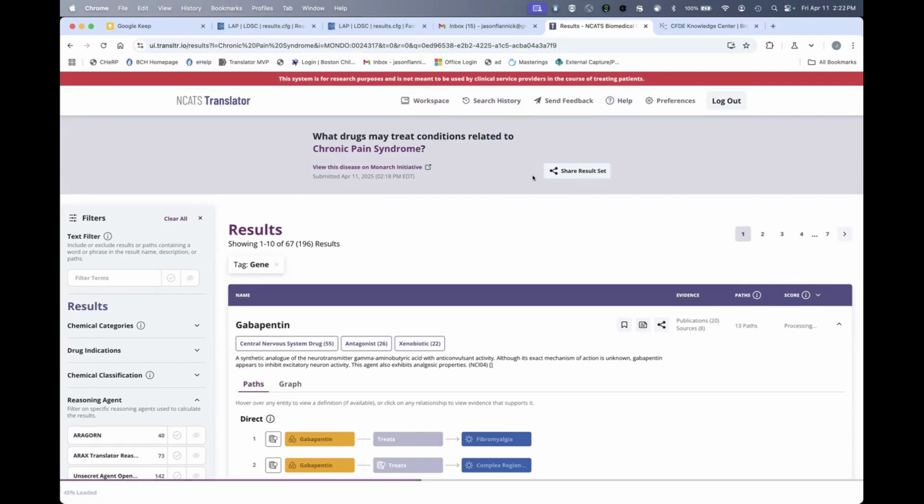See some stuff in the chat. Can you address data quality and tests for poor quality data or data mislabeling? Yeah, so that's supposed to be the realm of the knowledge providers, right?